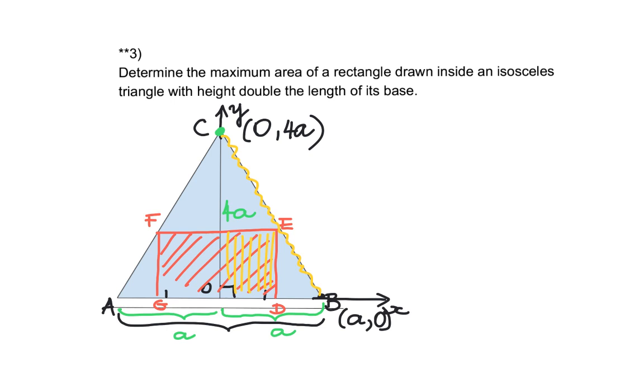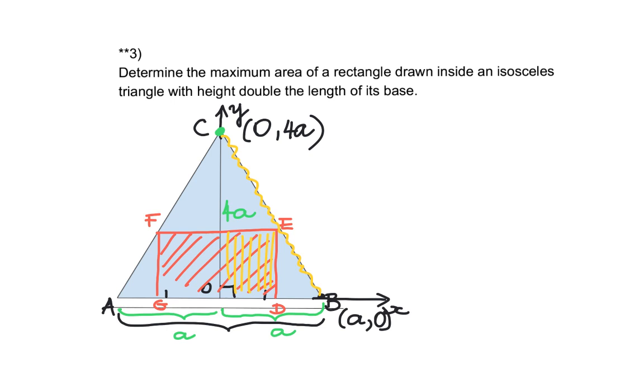Pause it, think about it. The only way to solve the area of a rectangle drawn inside the shape is if we have a Cartesian plane and we know the equation of the graph that we are inscribing the shape under.